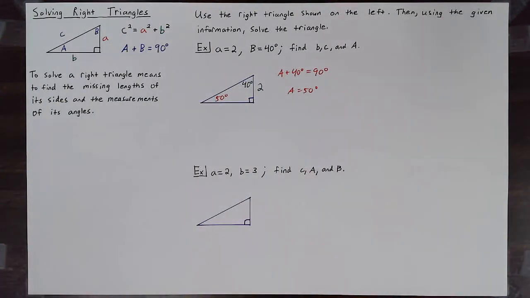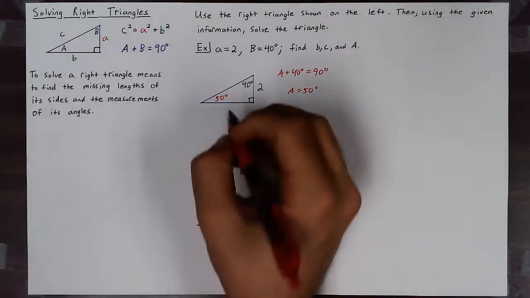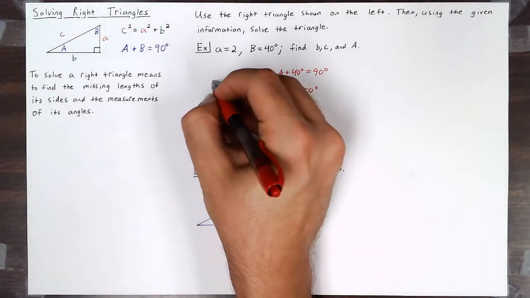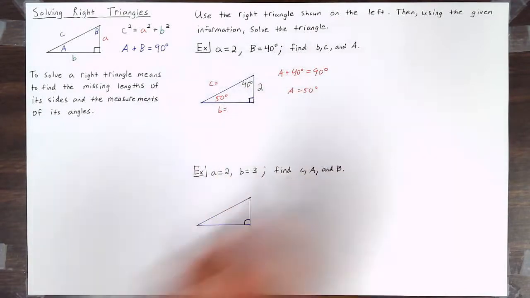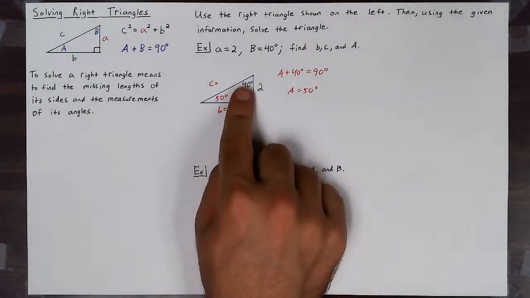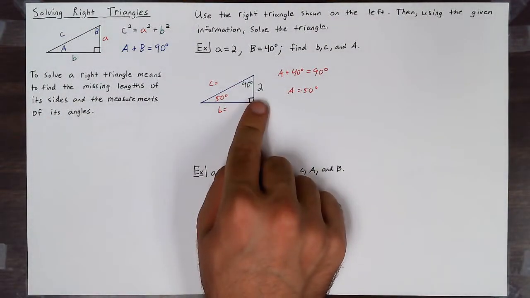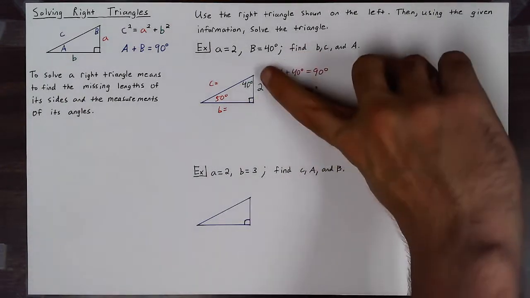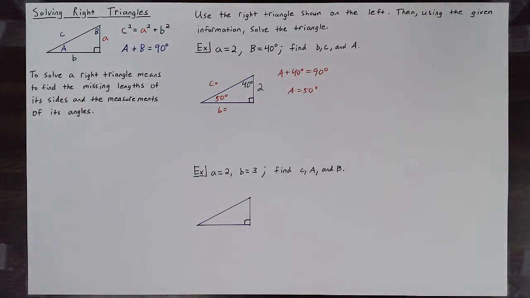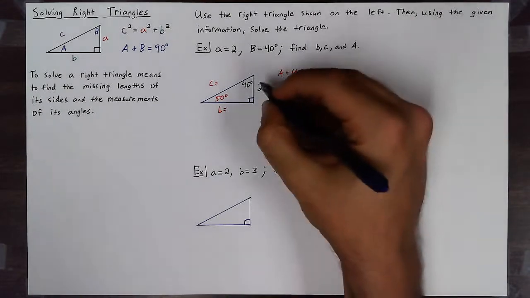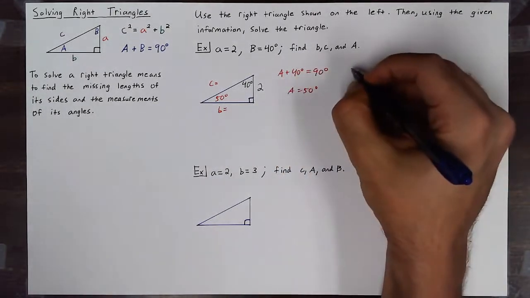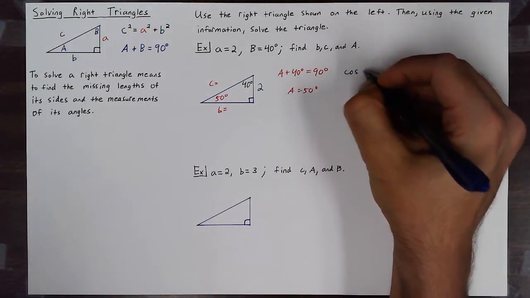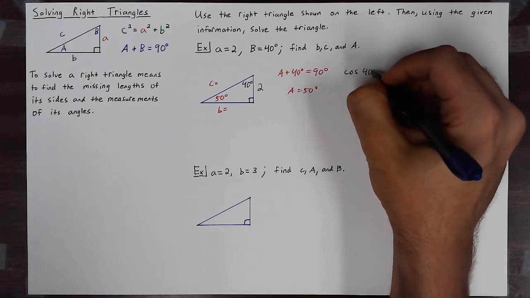So I still want to find side B and side C, what they're equal to. So using this given angle of 40 and that side of 2, I can see here that given that angle, I'm given the adjacent side. So I can use that to find the other values. If I know that this is the adjacent side, cosine I know is adjacent over hypotenuse.